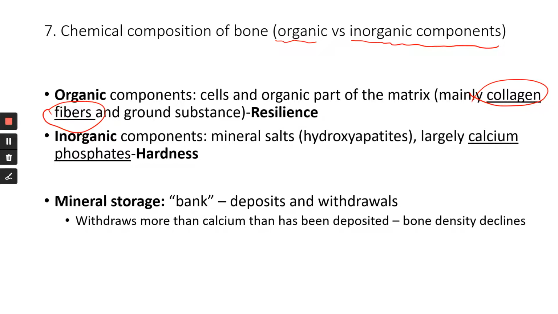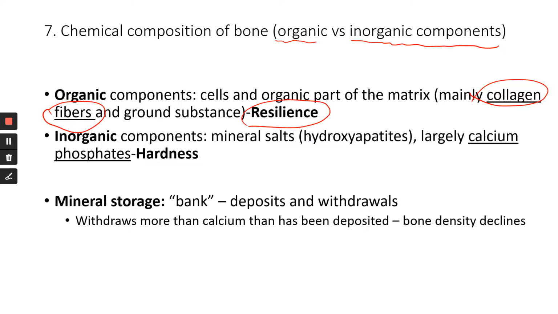Okay, so the collagen fibers are protein fibers. They can be pretty big relative to other protein fibers. So they provide a really good resistance or resilience. So it makes the bone more flexible and resilient. Okay, so that's protein or collagen fibers in terms of organic components.